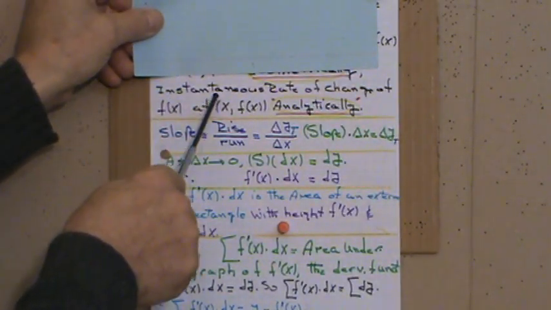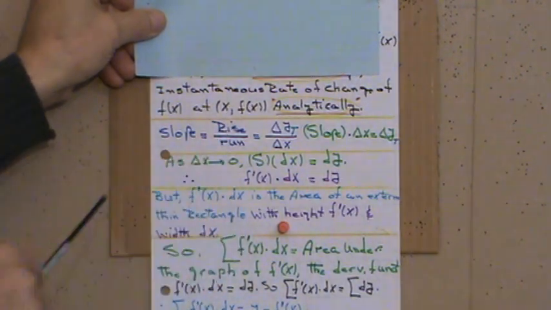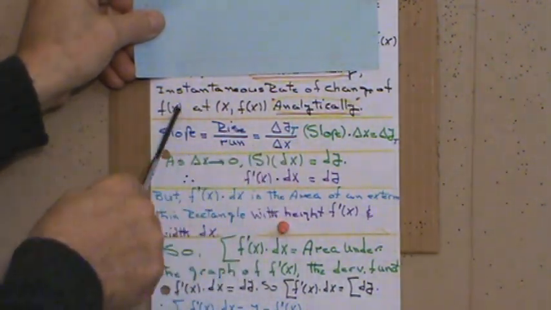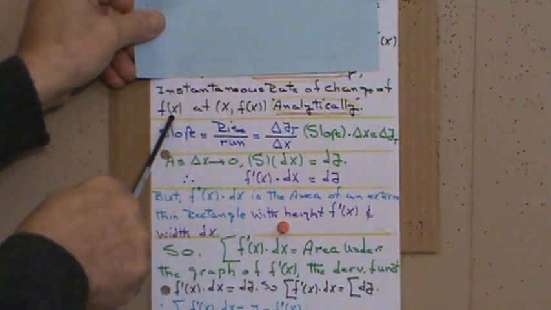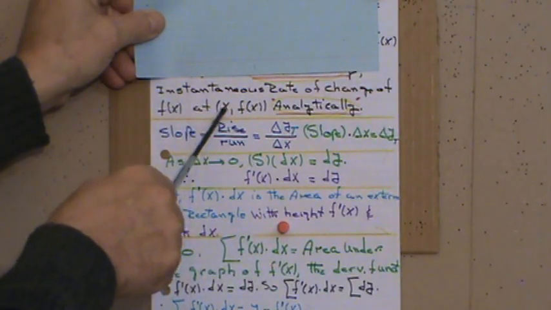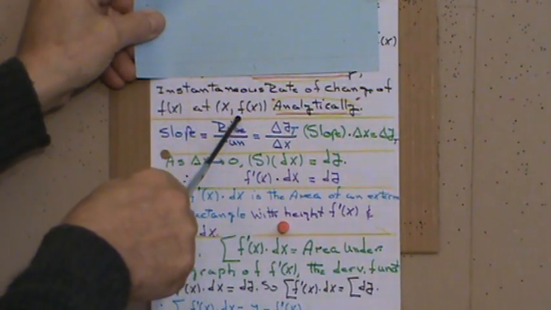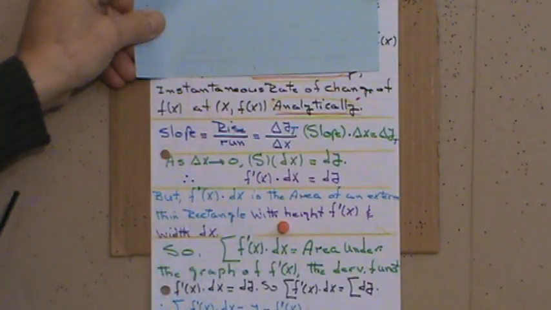Now, the instantaneous rate of change of the f of x mother function at this point on its graph, that is analytical. So when we talk about instantaneous rate, it is the analytical approach. A slope of a tangent line we are discussing is the geometrical interpretation. Okay?